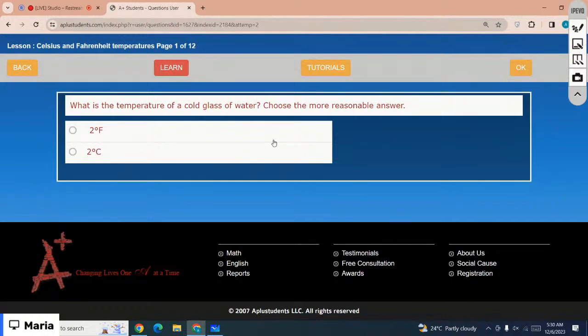Okay, what is the temperature of a cold glass of water? Choose the more reasonable answer. You have 2 degrees Fahrenheit and 2 degrees Celsius, which is the correct option?